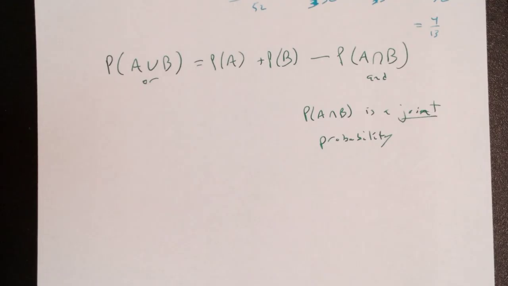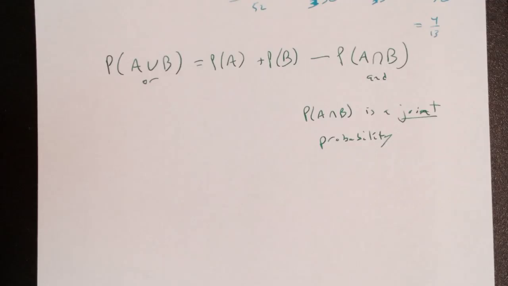I promise you there's a real obvious answer right in front of you about my hands. There's nothing that is in my left hand and my right hand at the same time, yes? That means this part is 0. There's no overlap between my two sets.